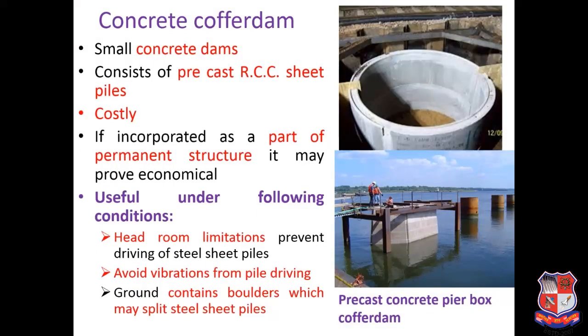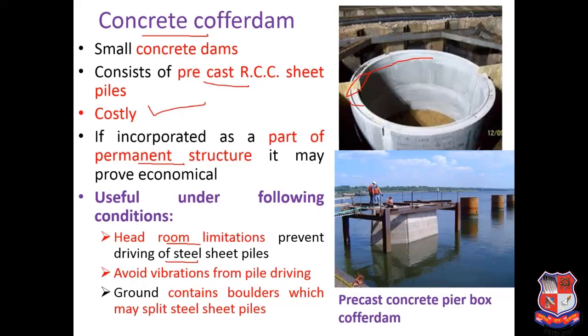Next is the concrete cofferdam. They are nothing but small concrete dams. These small dams are either precast or RCC, but as we are using RCC material, it is costly, and it can be incorporated as a part of the permanent structure also. They are generally used under the following conditions: when headroom limitations prevent the driving of sheet piles, so here you cannot find any sheet pile, directly you have to insert this.